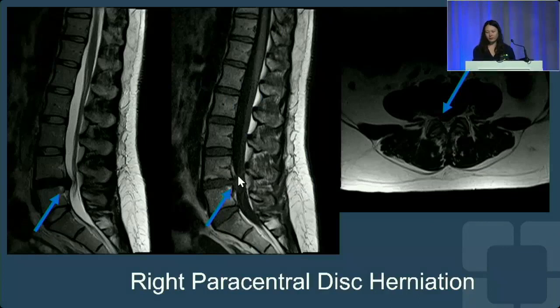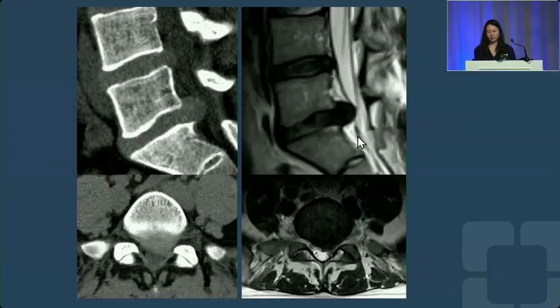And if it's narrowing the subarticular zone, that's really where the descending nerve root is traversing, right? And so that descending nerve root is going to get impinged. That's going to be the L5 nerve root in this case.